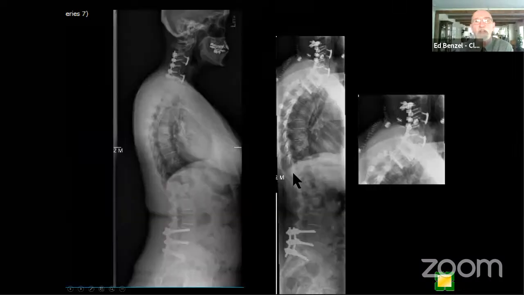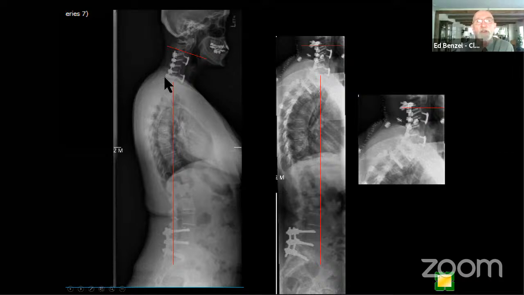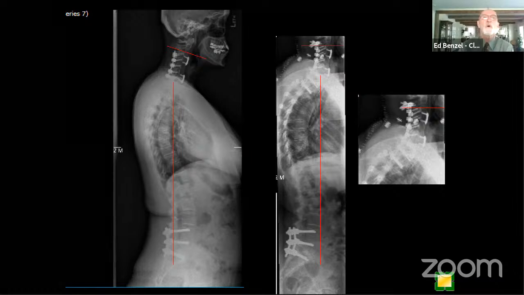And so here she is, pre-op and post-op. So interestingly, her C2-3 angle is tilted down. She's almost perfectly corrected with the C2-3 angle post-op. And her plumb line from C7 was relatively normal pre-op, but it's artificially normal because she was leaning backwards in order to see forward.